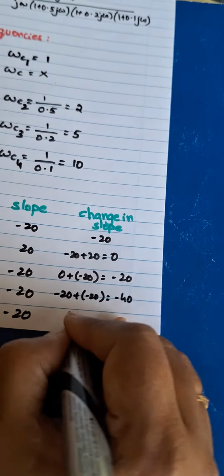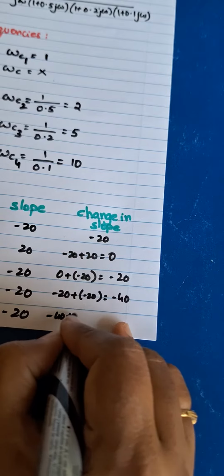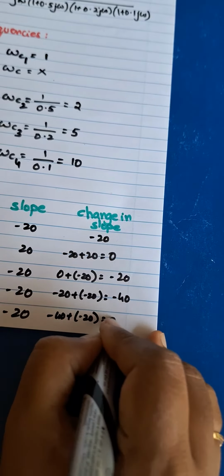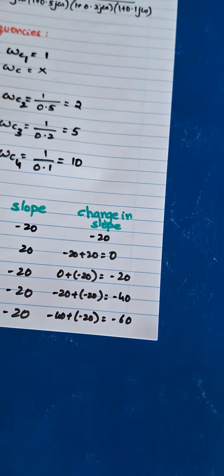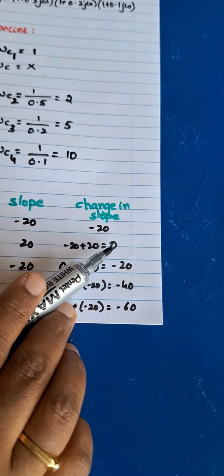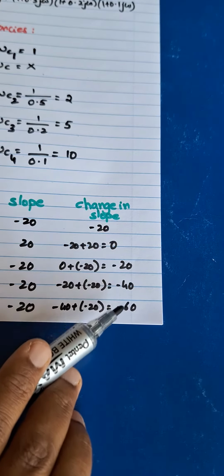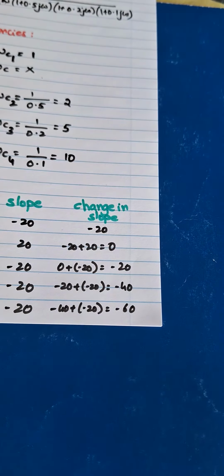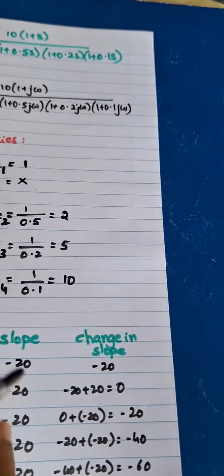Then minus 40 plus minus 20 will be minus 60. So what is our change in slope? Minus 20, 0, minus 20, minus 40, minus 60. So this is the change in slope. Right. Next, our third step.